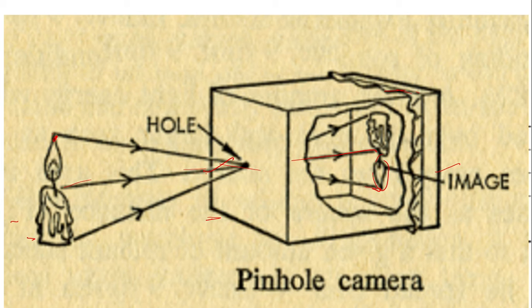So if the image formed is inverted, that's a real image. Just remember this to distinguish between the real image and the virtual image: a real image can be obtained on the screen and is always inverted, whereas a virtual image cannot be obtained on the screen and is erect.